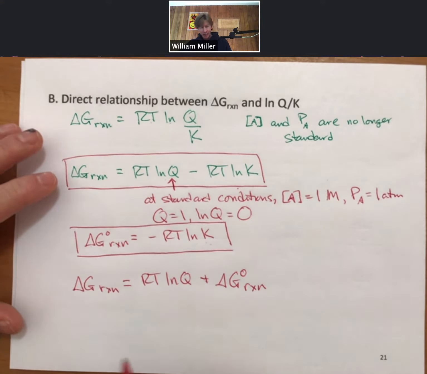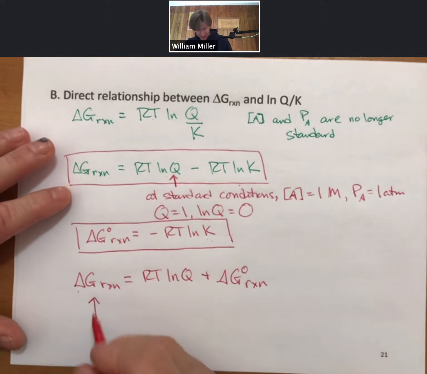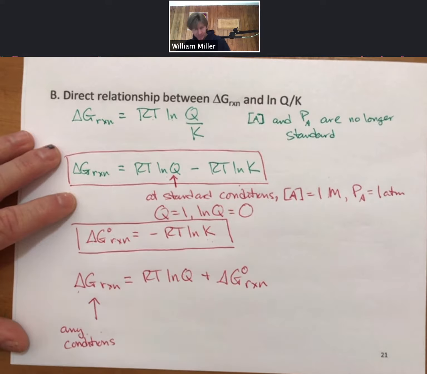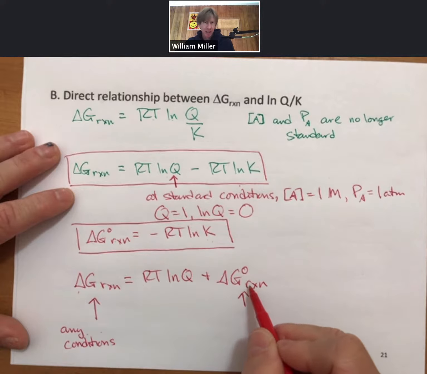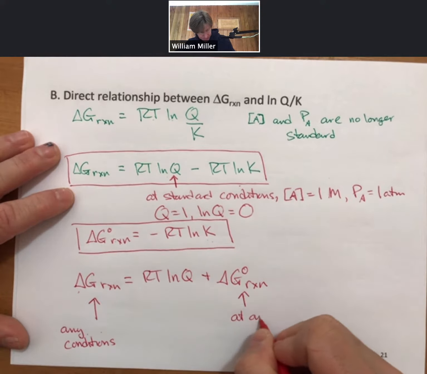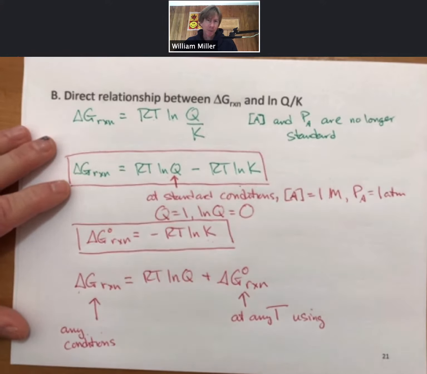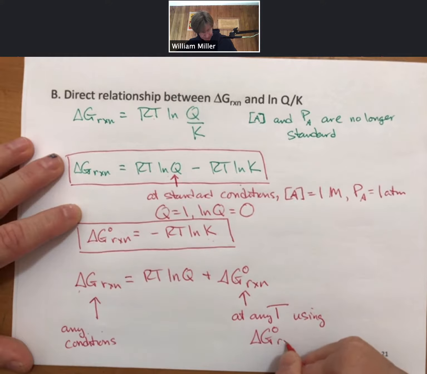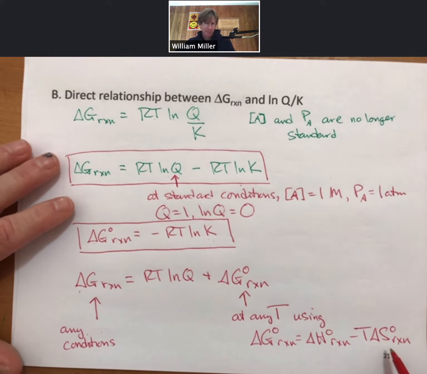And the reason this is so powerful is we can now calculate the free energy under any conditions, because we can now calculate delta G at any temp using delta G naught reaction equals delta H minus T delta S. Right here.